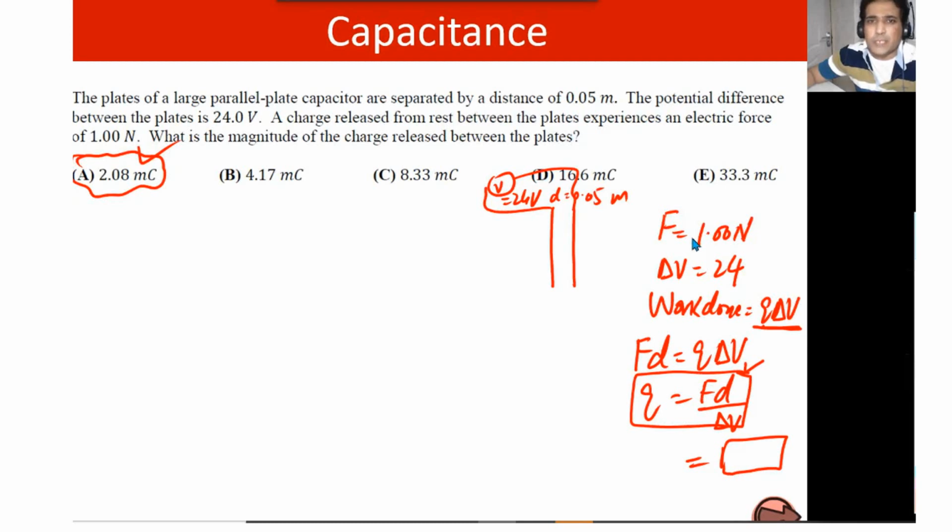The work done is equal to Q times delta V. Electric force is doing work in this case. That work is equal to Q times delta V, the electrical potential energy. So the answer is A.